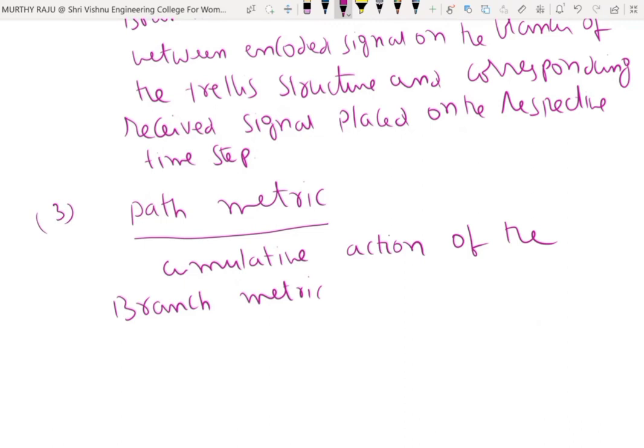Write the path metric by adding the Hamming distance between the received code sequence and the encoded sequence on the branches. And then these values are cumulative. Cumulative means we add the next time step branch metric value to the previous branch metric value.